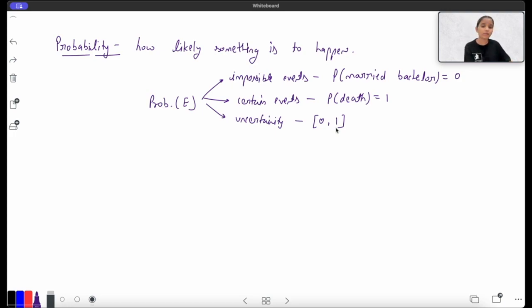Now, probability is the very basic foundation in studying statistics, right? And the definition of probability has been improved from time to time. The very first basic definition we study is the classical view of probability.